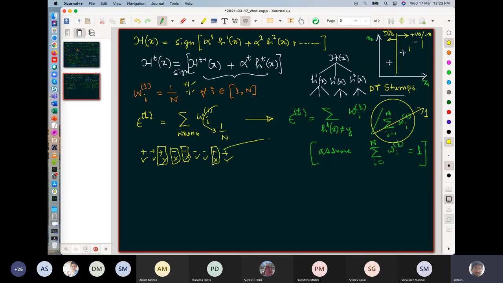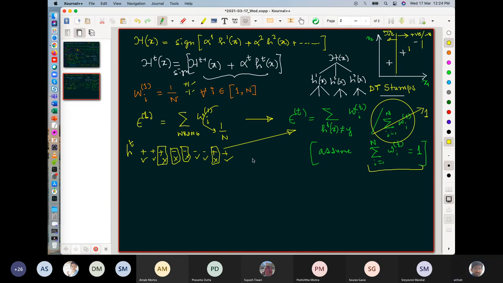So I just sum up the weights to get the total error that I am making after I build the hypothesis at time t. Agreed? This is the simple formula, and I am normalizing it, assuming my weight is just a probability whose sum is 1. Simple. Okay, but remember this formula. This error is over all the wrong ones, I sum the weights.